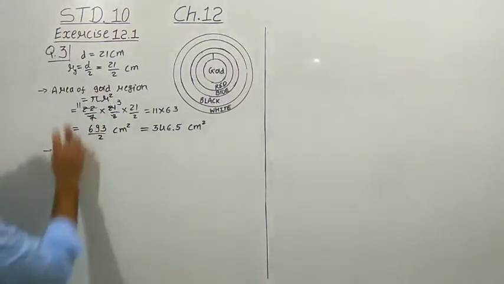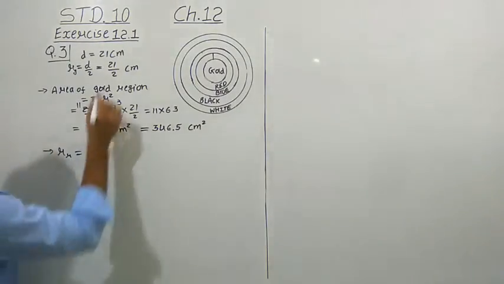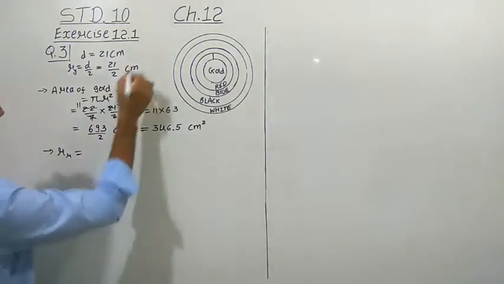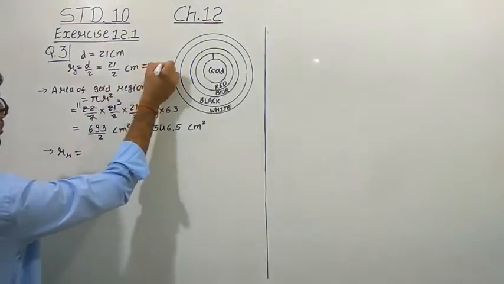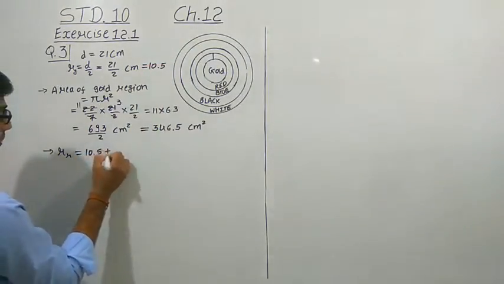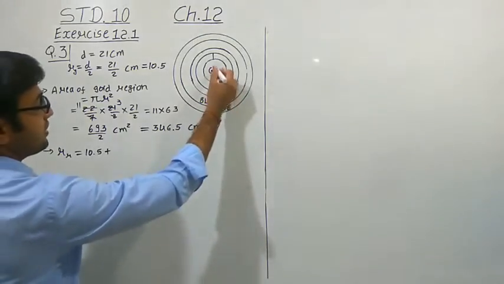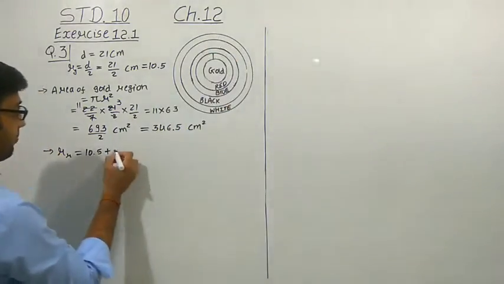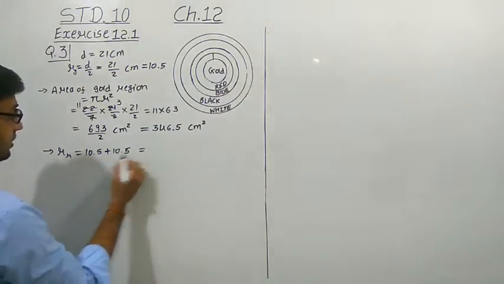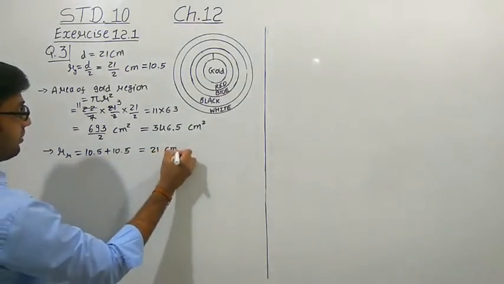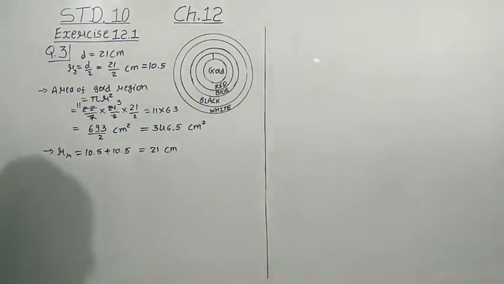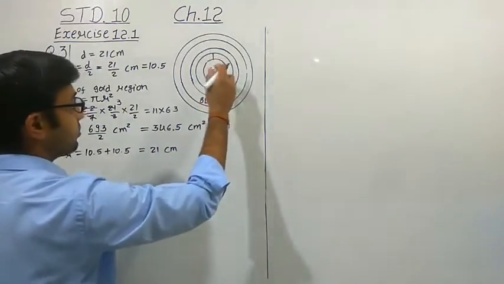So the radius of the gold region RG is 21 upon 2, or we can say 10.5 centimeter. So 10.5 plus this much is the radius of the gold. Now the band is of 10.5 centimeter. So the total we get is 21 centimeter. Right? 10.5 plus 10.5 equals 21 centimeter. This is the radius of this red region.